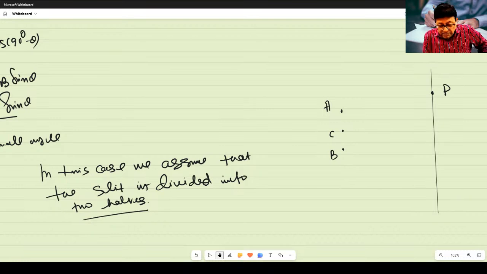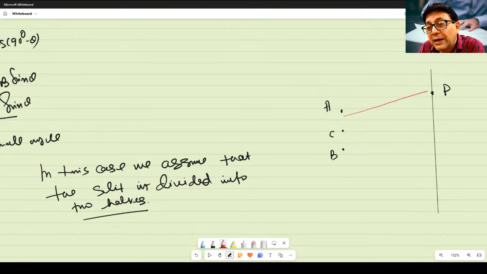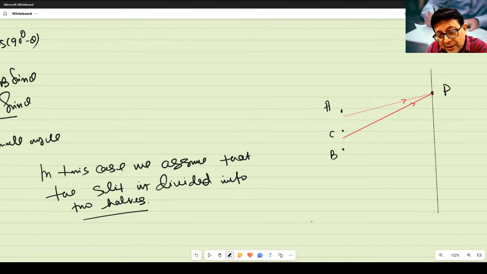Because according to the scientist, light from any two corresponding points of AC and CB will meet at the point P in opposite phase to produce a minima over there.